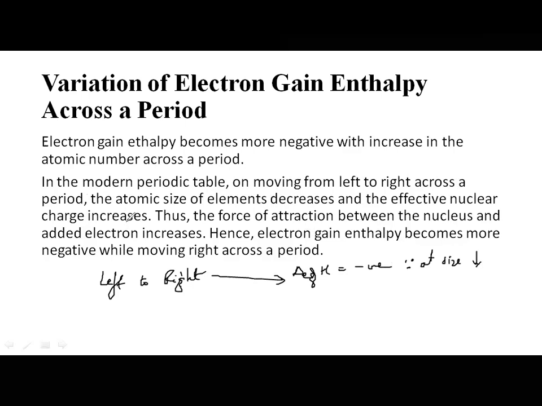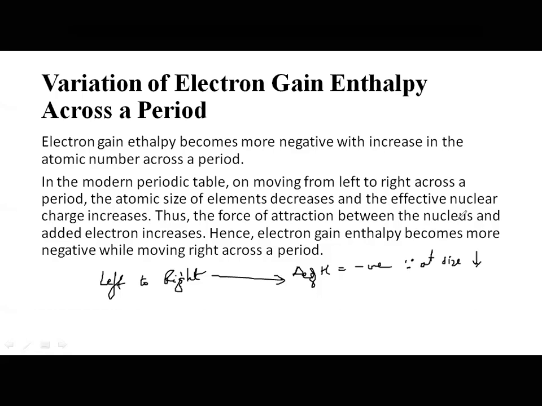Effective nuclear charge increases. So when nuclear charge increases, the force of attraction between the nucleus and the incoming electron also increases. Hence, electron is gained very easily and a large amount of energy is released. Hence, electron gain enthalpy becomes more negative while moving across the period.